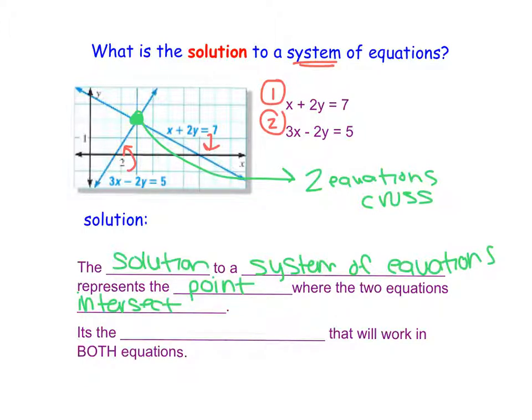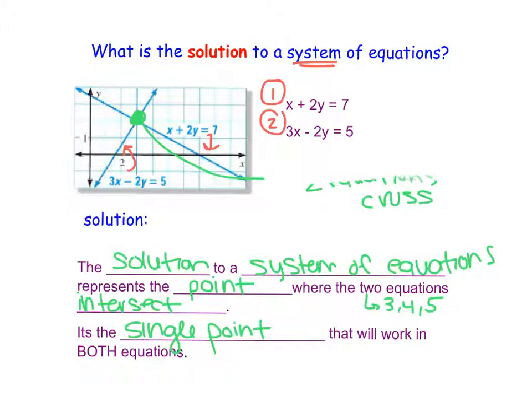If it were three equations, it would be three or four or five, depending on how many equations that system has. But when we're solving a system of equations, what we are ultimately finding is this point of intersection. And what this point of intersection represents is the single point that will work in both equations.